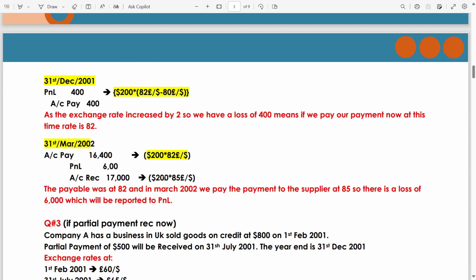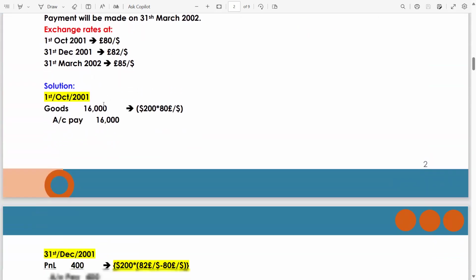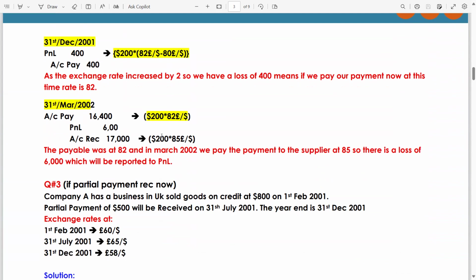Because 200 is the transaction amount and 85 is the exchange rate at 31st March 2002. So 85 multiplied by 200 is 17,000 and the difference is 600, which is a loss, means we have paid 600 extra. The payable was 82 and in March 2002 we pay the payment to the supplier at 85.